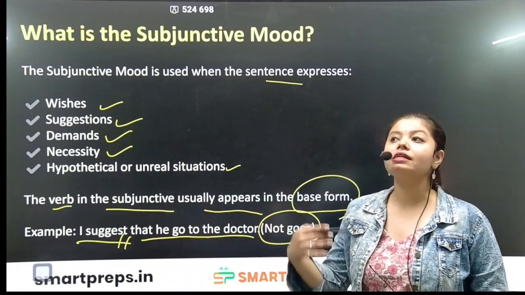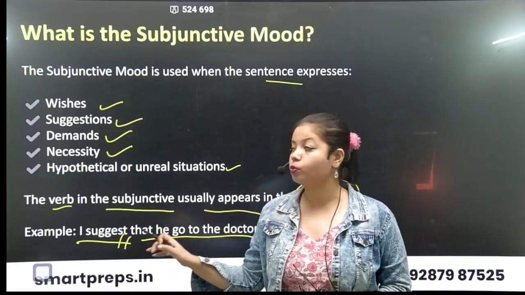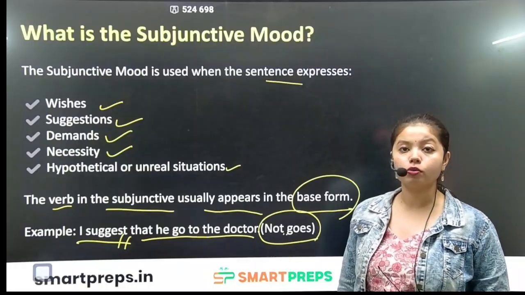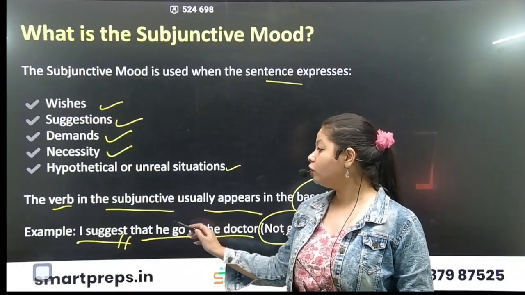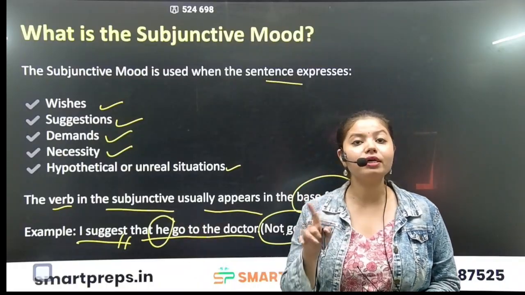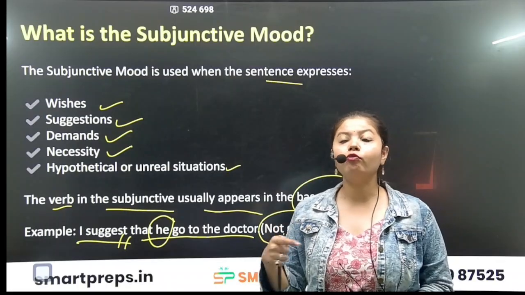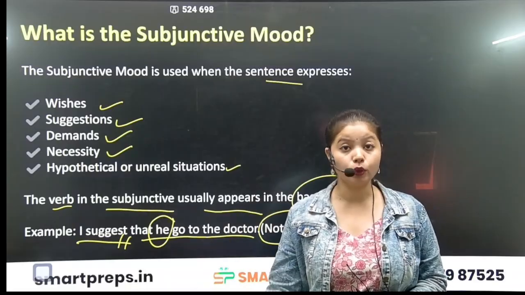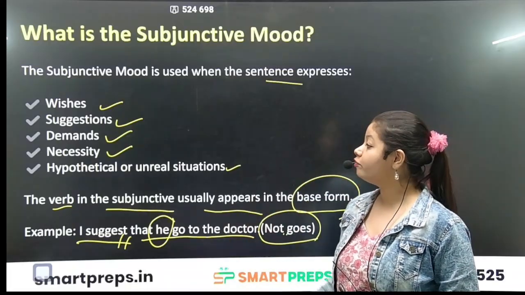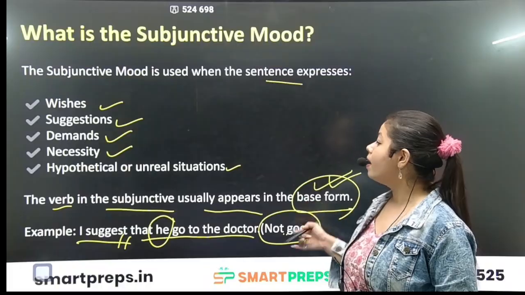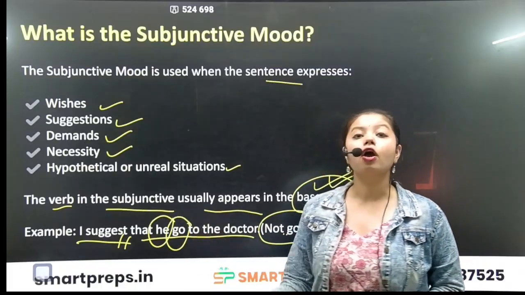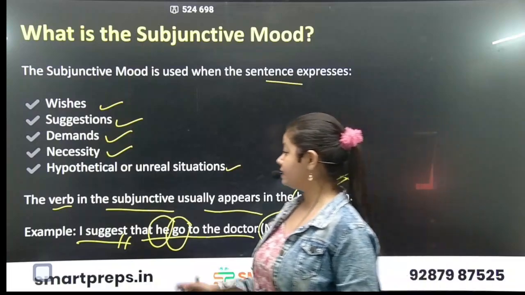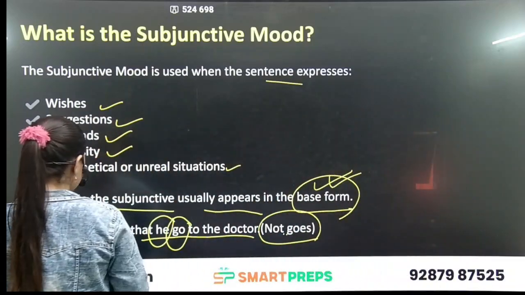We will not place goes, we will place he go, although he is a singular subject. We know that in subject-verb agreement, a singular subject has a singular verb, but in subjunctive mood, the verb is in the base form, and that is why we put he go to the doctor. I suggest that he go to the doctor is the sentence.